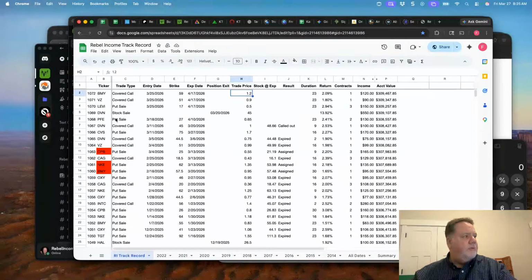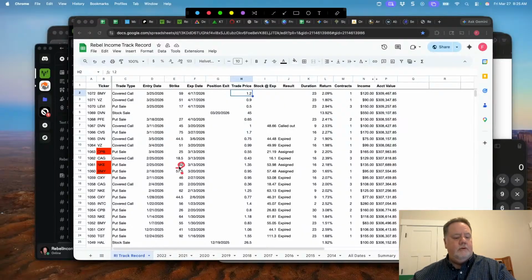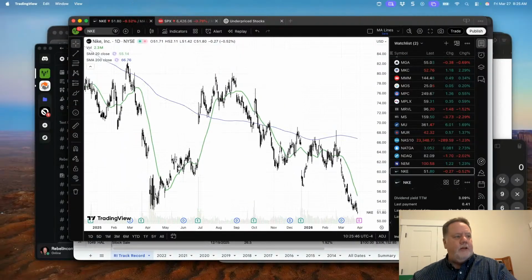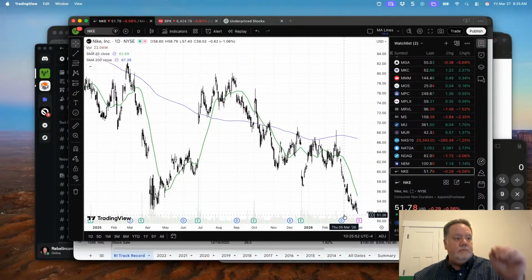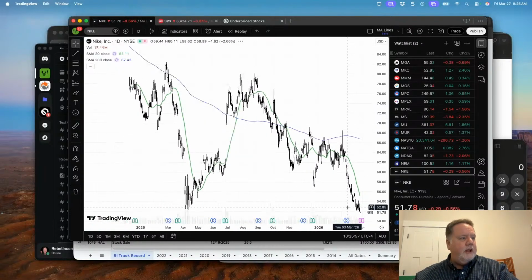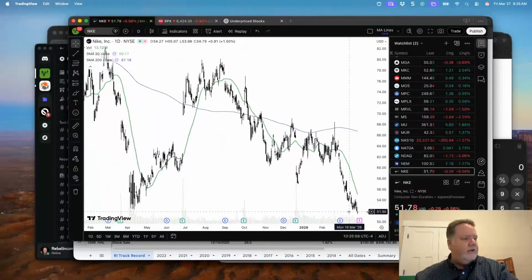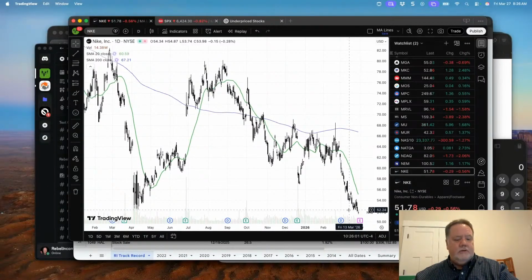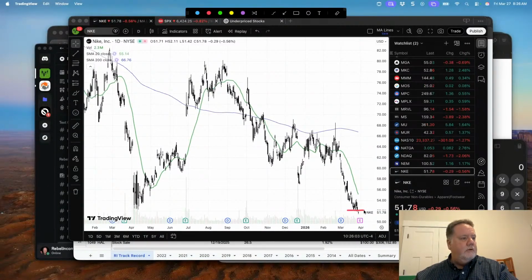This is a good example. Nike, I was assigned at 62, and I am $9 to the negative right now. Excuse me, a little over $10 to the negative, as it looks like we are breaking down below the stock's 52-week low.